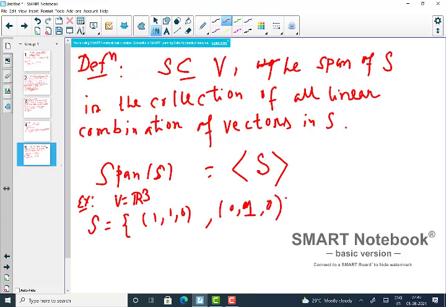If you collect linear combinations of all such vectors, you will see this is a copy sitting in R3, a proper subspace, which is actually a copy of R2.